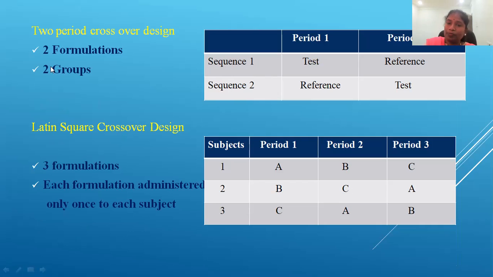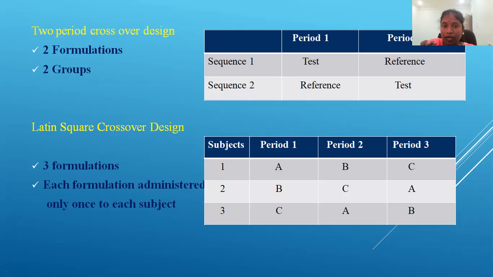Okay, period 1 is the period in which you introduce the drug to the subject groups. Period 2 is the next period in which you administer the drug to the subjects. Suppose you are giving at 10 o'clock, that 10 o'clock time is the period.